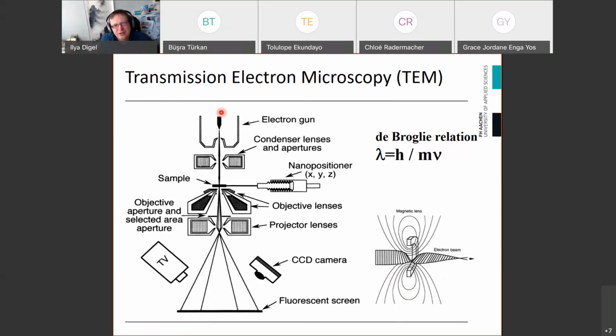Modern electron microscopes sometimes emit electrons really one by one. So in fact, they do not produce a flow of electrons that just goes through a sample, where some electrons get absorbed and some other electrons go through and you get an image. No, this idea is not true anymore.